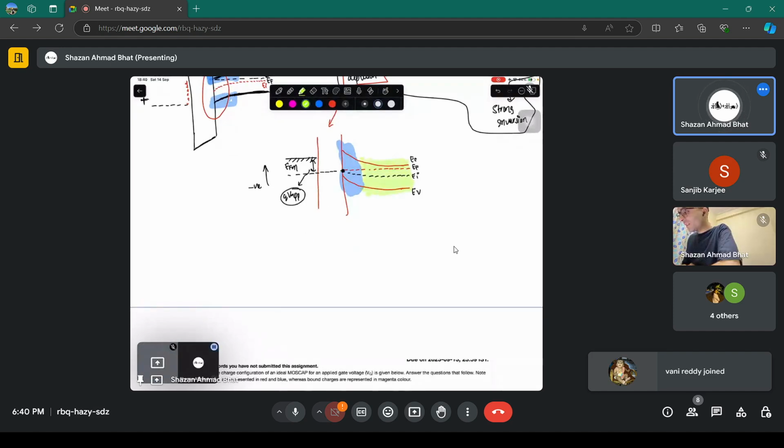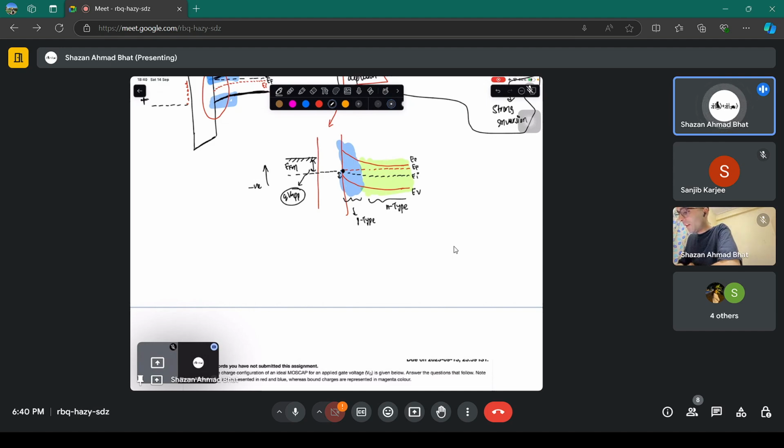This is the bulk, and this is the surface near the oxide. Okay, that's what band bending gives you the information about. The band bending is telling you that here it has remained n-type, what it was before. But here it has almost a p-type behavior because the Fermi level is now closer to, I should say, the valence band here.